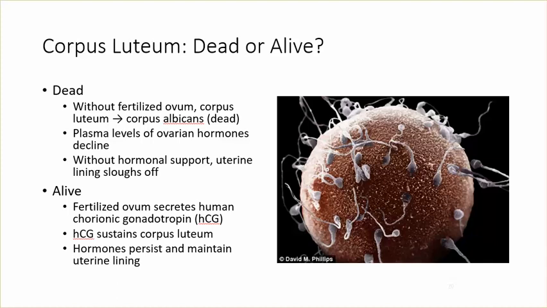If there is a fertilized ova, then what happens is the ova itself secretes chorionic gonadotropin, which causes the corpus luteum to be maintained. And then the hormones, the estrogen and progesterone, maintain the uterine lining, and we don't have menstruation.